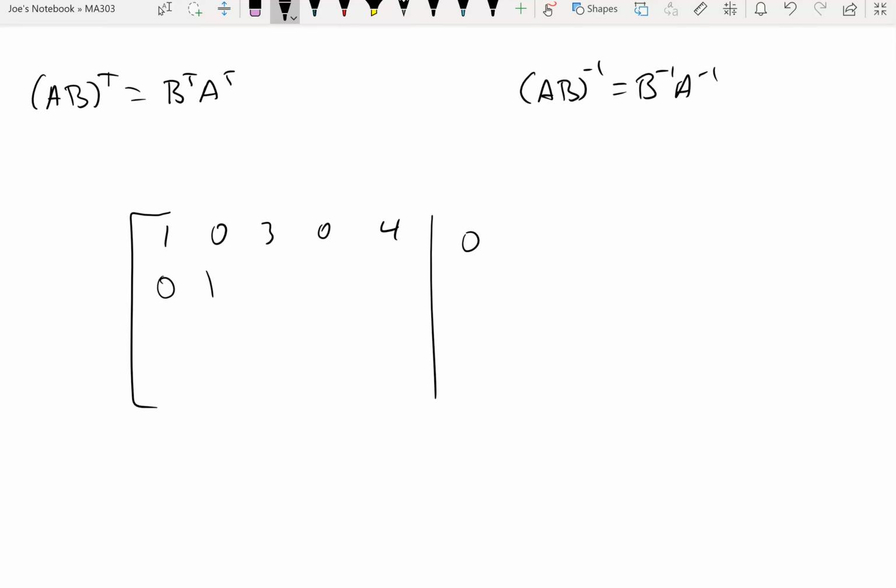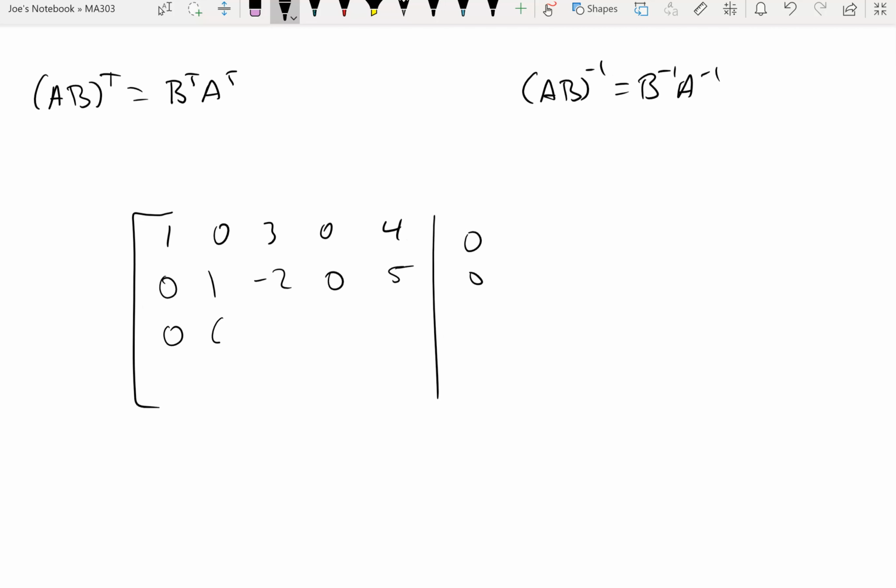Let's say 0, 1, -2, 0, 5, 0, and then 0, 0, 0, 1, 3, 0, and then a row of zeros. Let's say you ended up here after your row reduce. First, since I have zeros on the right-hand side of that vertical bar, what kind of system did we start with? If we have all zeros on the right-hand side of your equality, what kind of system is that called?